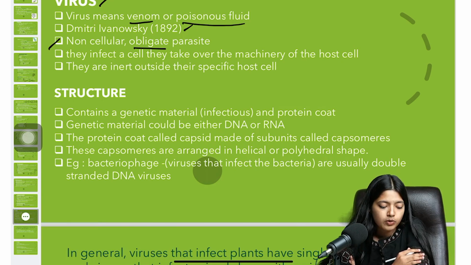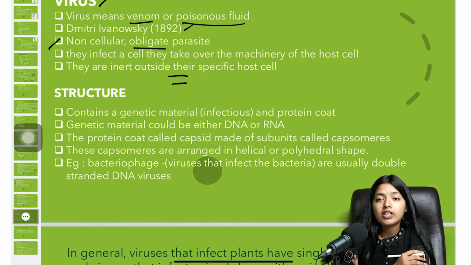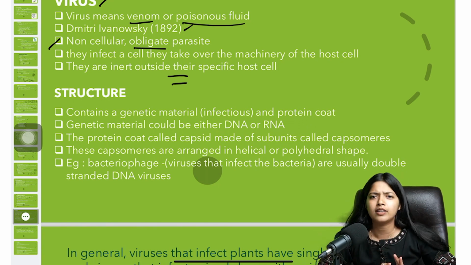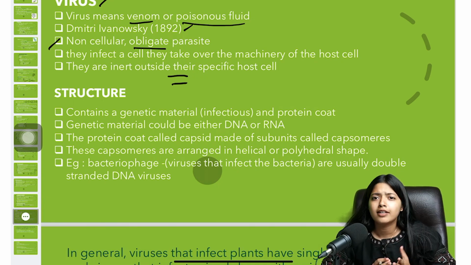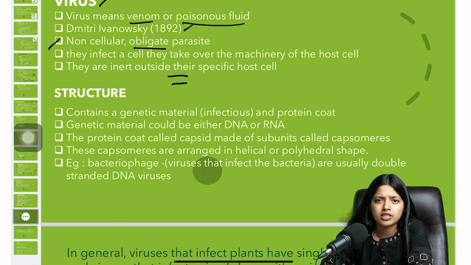They are inert outside their specific host. That is, they are non-living outside the specific host. So outside the specific host, viruses are very silent. They are not doing anything. They are just like an object. They are non-living outside a host. But just after it gets into a host, it will become a parasite. It will start its action.